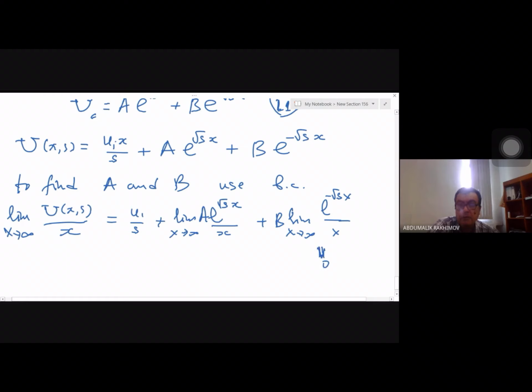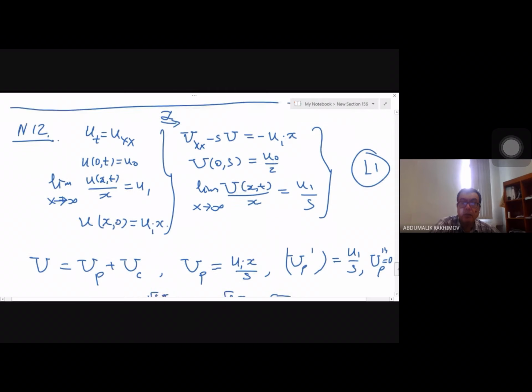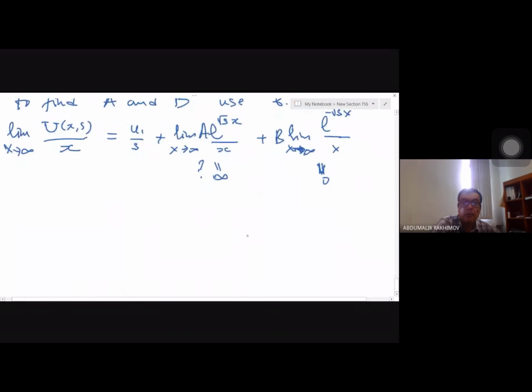I'm not going to repeat the limits. If you calculate this limit using L'Hopital's rule, why do I say L'Hopital's rule? Because it is infinity over infinity, you see, if you substitute infinity, the denominator is infinity. And this is 0 over 0. So what about this? If you use L'Hopital's rule, you can prove this is equal to infinity. So then A must be 0, because the total must be equal to u1 over s. You see, u1 over s. Then we find that A must be 0.